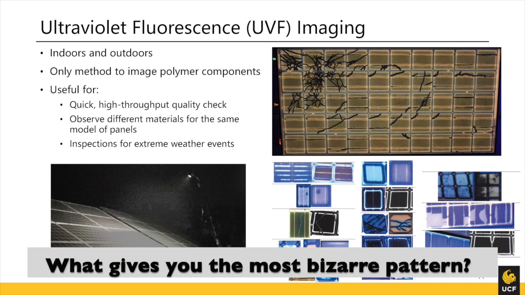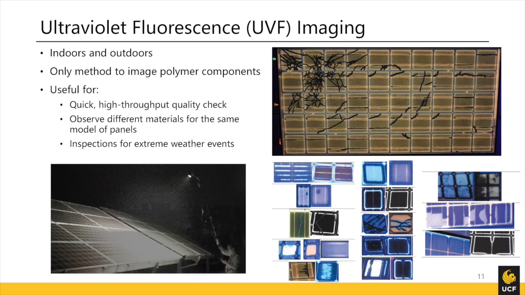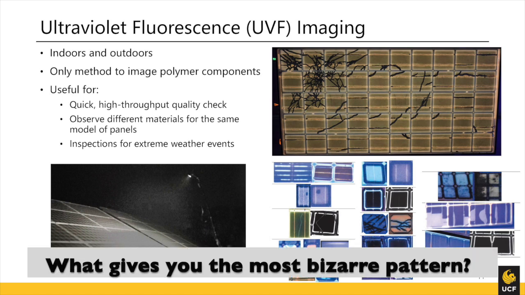I would probably say where my cursor is. We call that bright line or bright cracks. Typically, I'll use this top one as an example. In this case, the compounds in the encapsulant on the front side start breaking apart. So that's why we see the fluorescence.